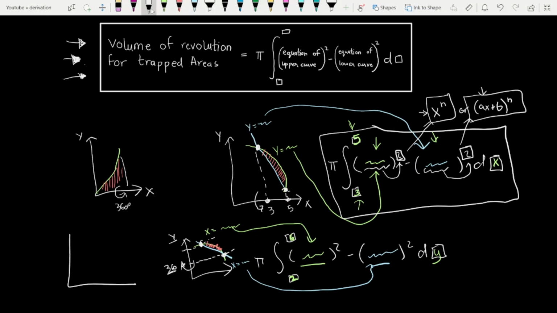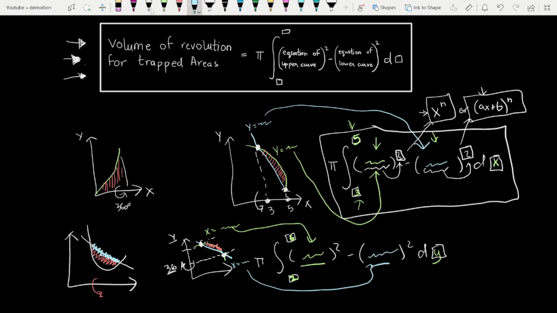So if you have something that looks like this, and let's say that's the area, and you're trying to rotate it 360 degrees about the x-axis, you have to identify that for this shaded area, that right there is the upper curve, and it's not a curve, it's a line.